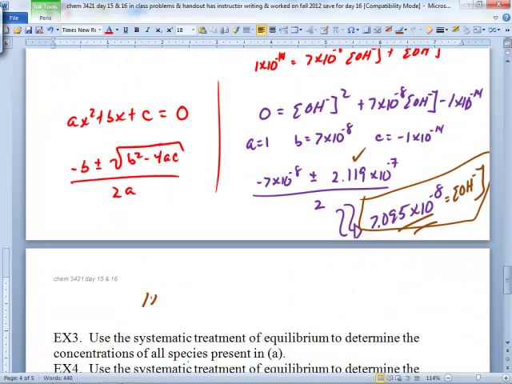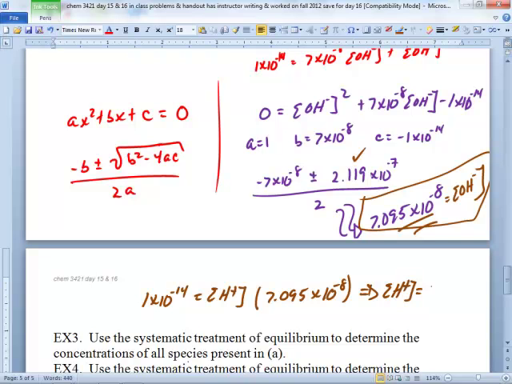Heck, I could just use... What is it? C is negative, so that's going to cancel out that negative.